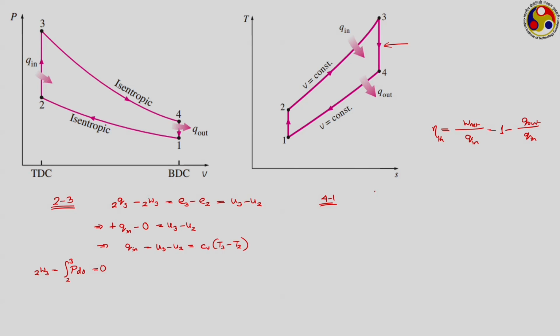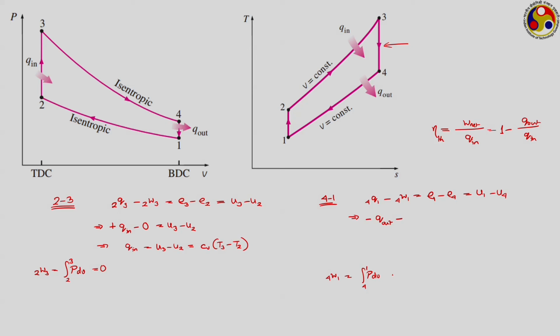For 4 to 1, we can write in the same way, Q 4 to 1 minus W 4 to 1 is equal to U1 minus U4. Now, during this process heat is being rejected. So, Q 4 to 1, as per our convention, is minus Q out, because we take heat rejected by the system to be negative, minus W. Now, W 4 to 1 refers to the integral from 4 to 1 of P dV.